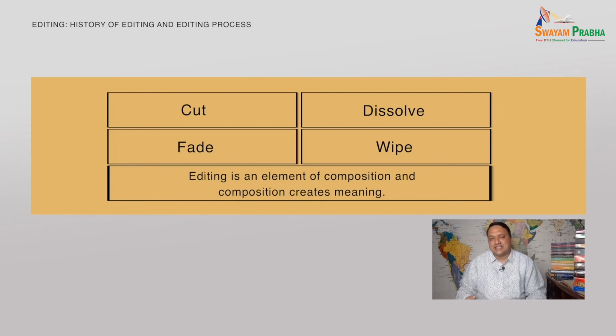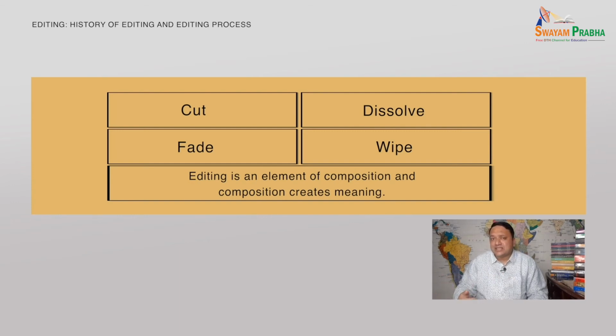First in the list is cut. If you remember, in the first video of module 2 where we talked about cuts and shots, there we learned about cut, and cut is an instant replacement of one shot by the next shot. Do see that video so that you can understand the concept of cut better.